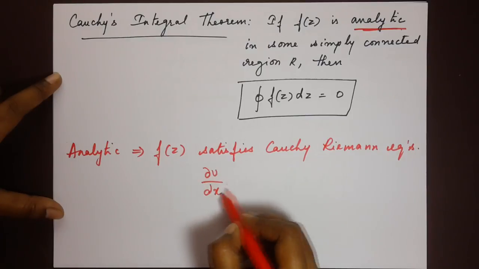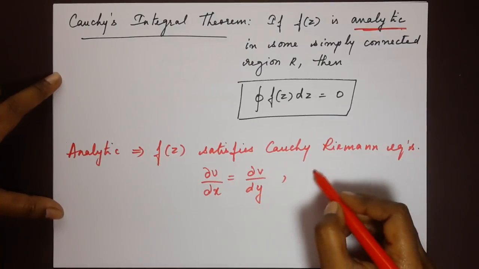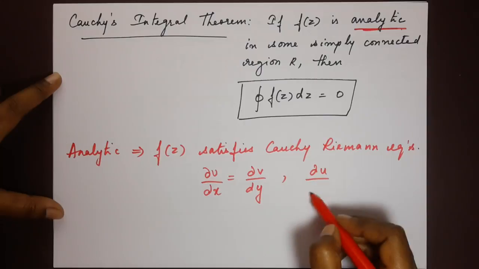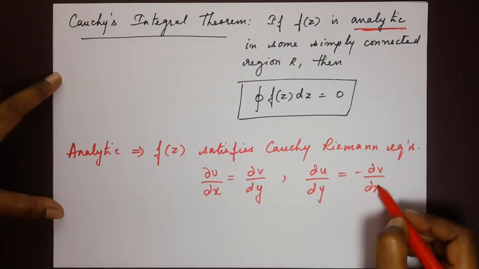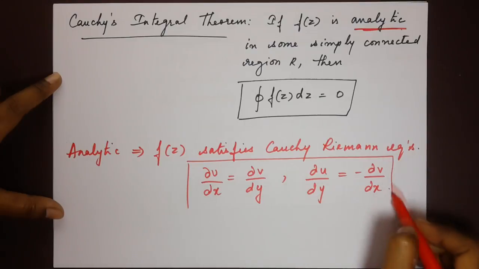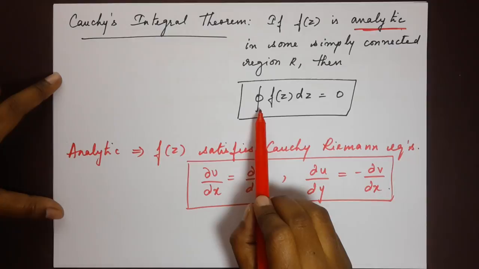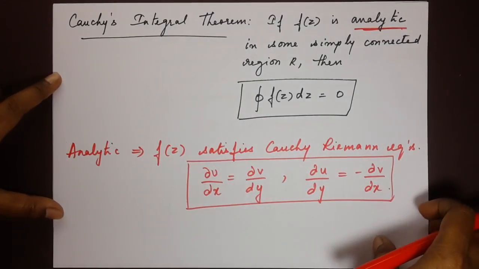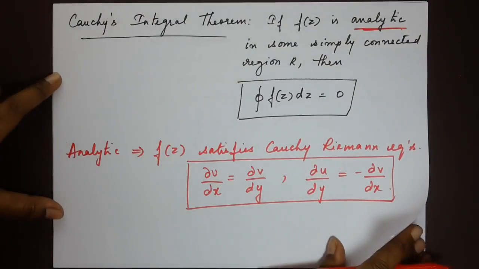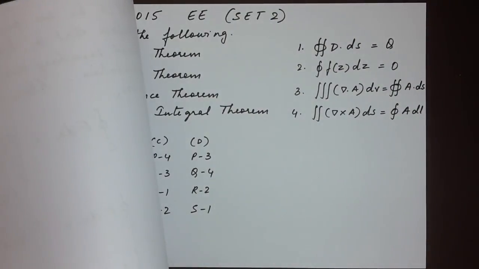Dou u by dou x equals dou v by dou y, and dou u by dou y equals minus dou v by dou x. So, we have our Cauchy integral theorem as well, where it is the closed integral f of z dz equals 0, and that matches with, let's see which option here, the second option.